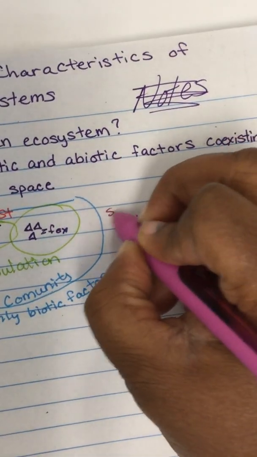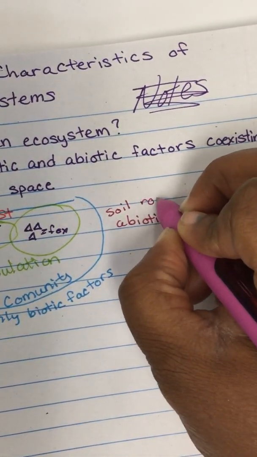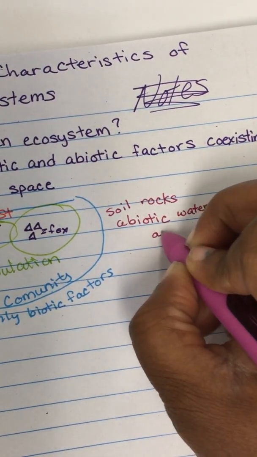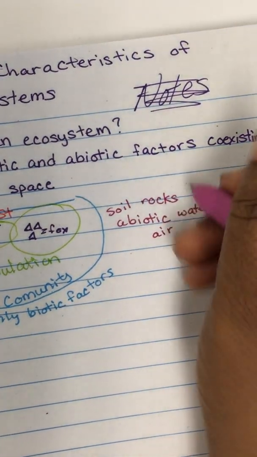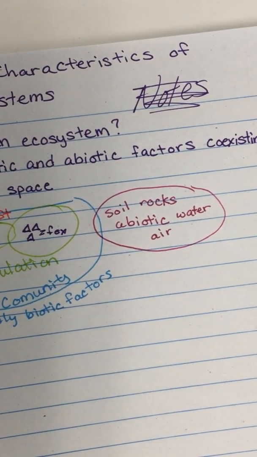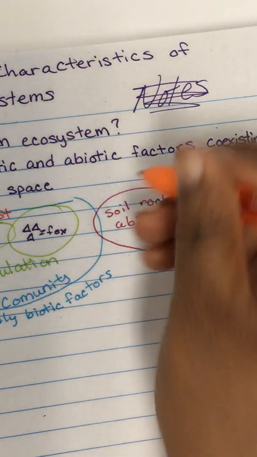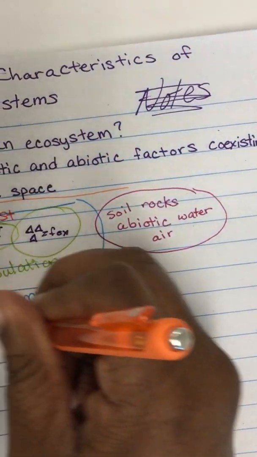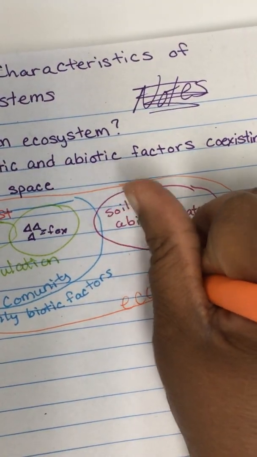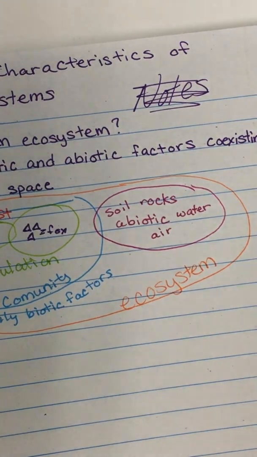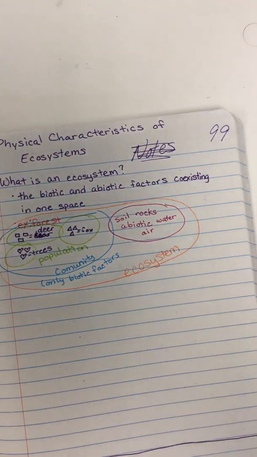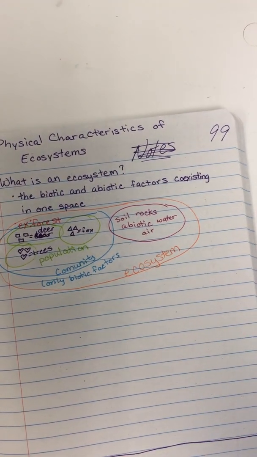So abiotic is all the soil, all the rocks, water, and air in that ecosystem. All of those things put together are going to make up your ecosystem. In other words, an ecosystem is just everything needed to make this area run smoothly.